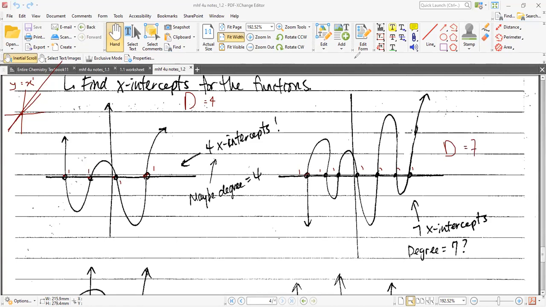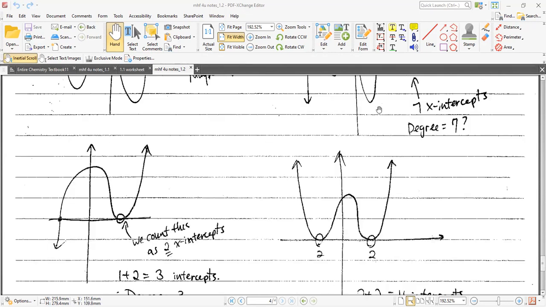Okay, let's do the next one. Look at that. One of the zeros is passed through, but this one is turning. How should I deal with that? Again, I know that when the degree of the zero is 1, you just pass through it.